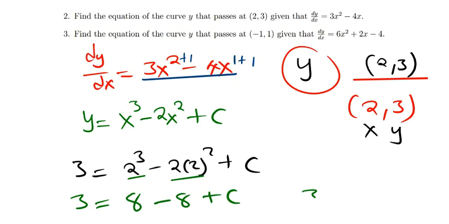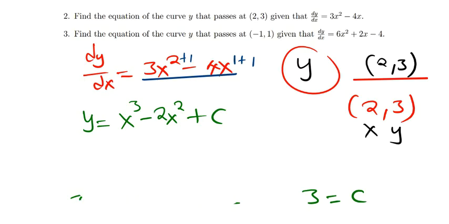So 3 is equal to just c. So our c becomes 3. So therefore our equation, if we go back to substitute, our y becomes x to the power 3 minus 2x squared plus 3 as our constant, right? That's how you handle question 2.